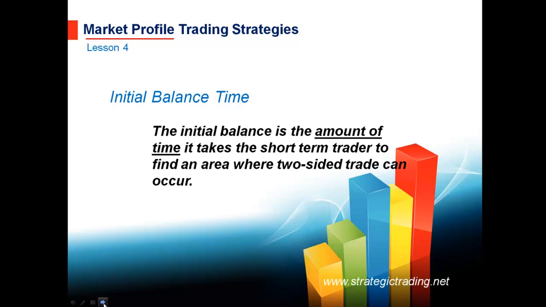On others, it may take half an hour, and on some, it could be a full hour. And it varies from day to day. It is not a set period. However, based on experience, professional traders learn to quickly identify in the market where this two-sided trade can occur fairly quickly, and I'll show you how.